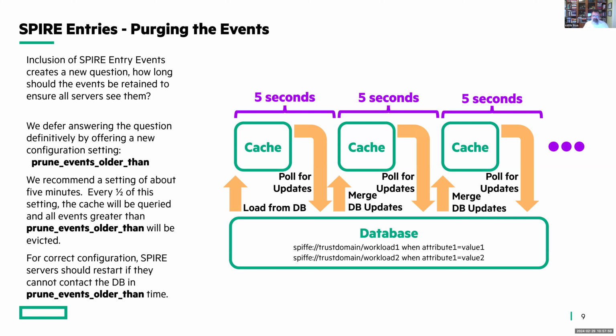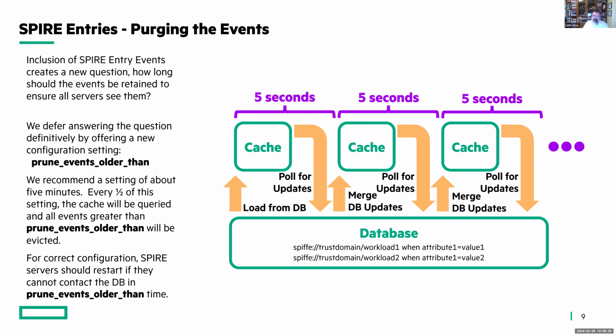Another thing that you need to consider is that since we now have this entry events table that holds that this entry has been changed or that entry has been changed, that's a table that will always grow. Even if you change the entry like 5 times, you expect 5 entries in that table, and without some sort of pruning or vacuuming of that table, it will just grow forever.